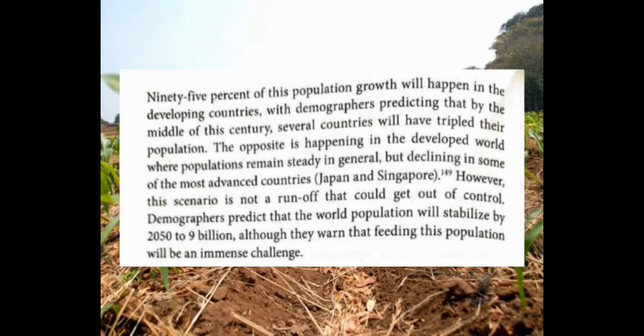Ang mga demographers, ang ilang mga trabaho is to give statistics about the changes of the human population. So demographers predicted that by the middle of this century, several countries will have tripled their population.